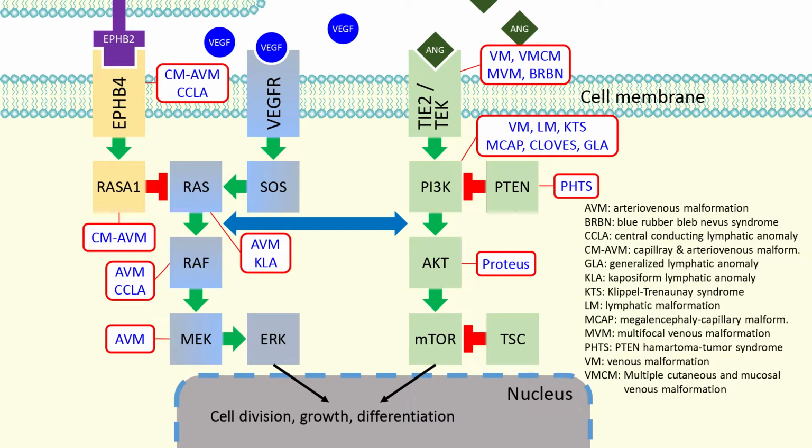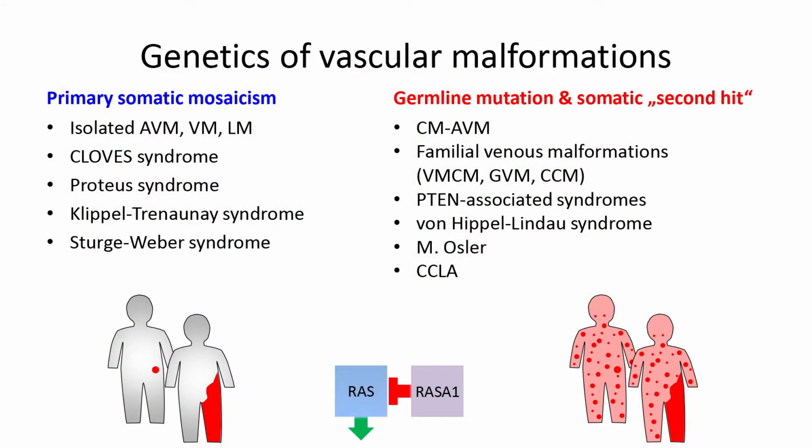And you can see here that almost all known vascular malformation phenotypes can be plotted on components of these two pathways. And the mutations in the case of vascular malformations may include primary somatic mosaicism, as mentioned before, and this is true for isolated arteriovenous malformations, venous malformations, lymphatic malformations, and the complex syndromes I mentioned before, which include vascular malformations as one phenotypic feature.